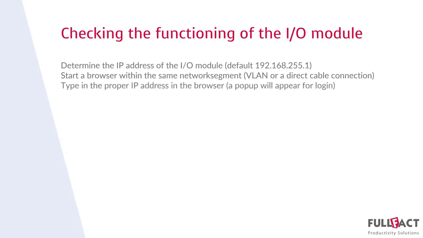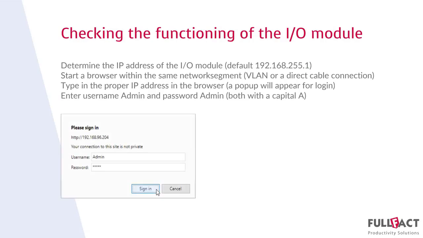Start the browser and type in the proper IP address of that I/O module, and if you're using a direct cable connection, make sure that you're in the same range with the IP address of your laptop. In the pop-up that will appear, you have to enter the credentials to enter the software of the I/O module. It's admin, both with a capital A. As simple as that, but you have to know it.